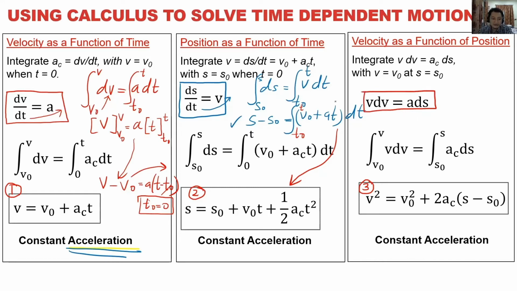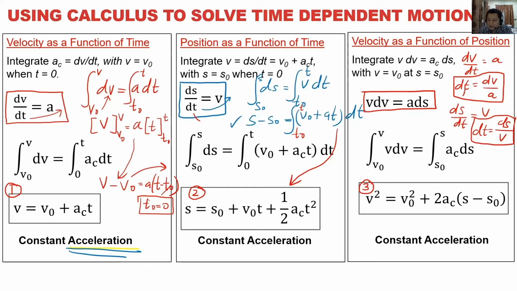So this one has to come from these two things, which is dv over dt is equal to a. So dt is equivalent to dv over a. Okay, let's take this one, dv over a. And then take a look at the second one, ds over dt is equal to v. So again, rearrange it: dt is equal to ds over v.